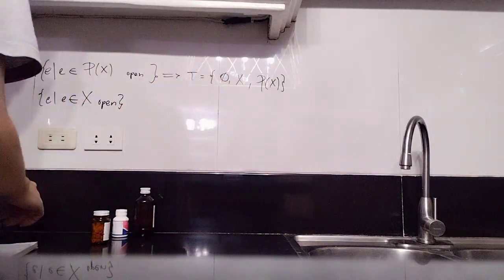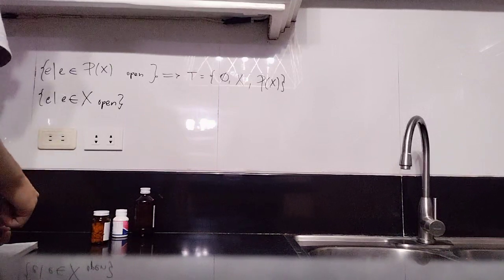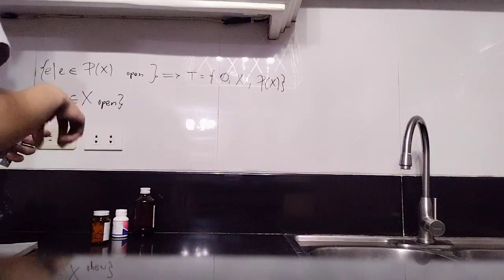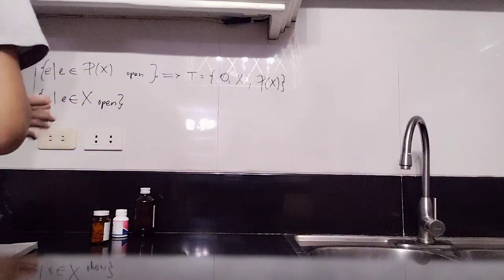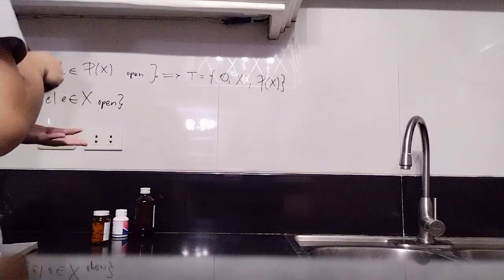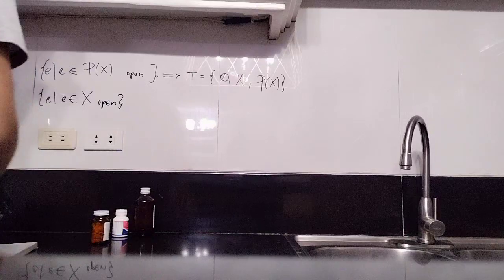And since they're open, even if they're not open, if they're closed, we would still be able to find a subset inside an intersection between two sets of this set, and then we will be able to find a point inside that set, which is inside the intersection between two other sets inside this big set.